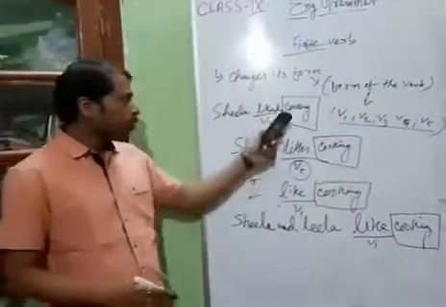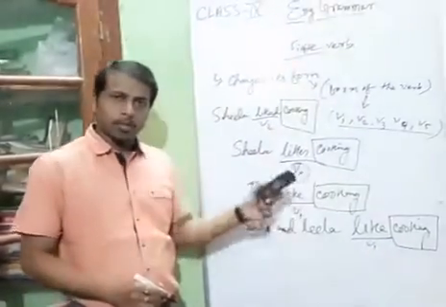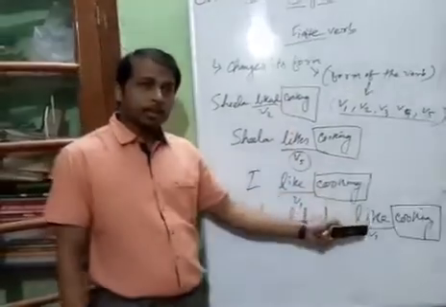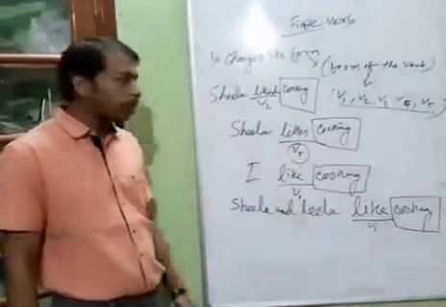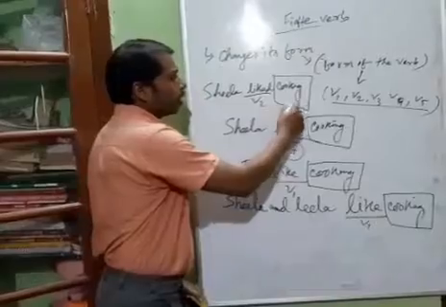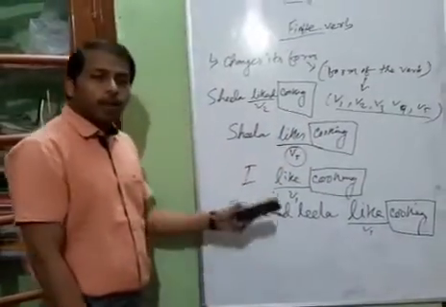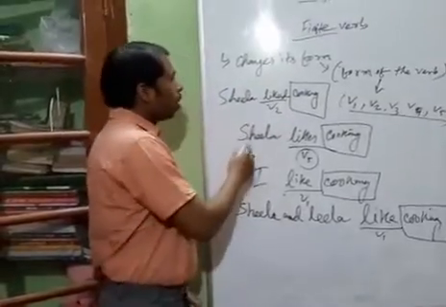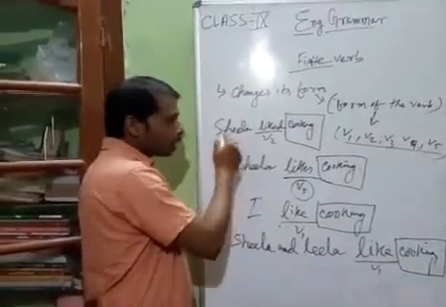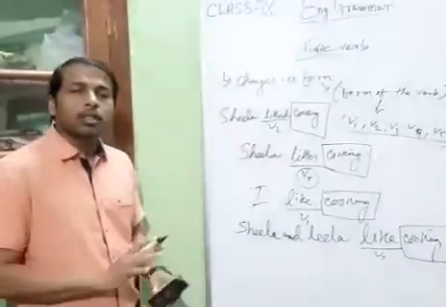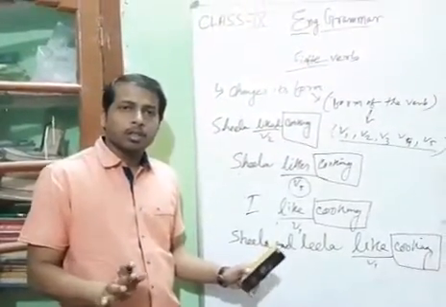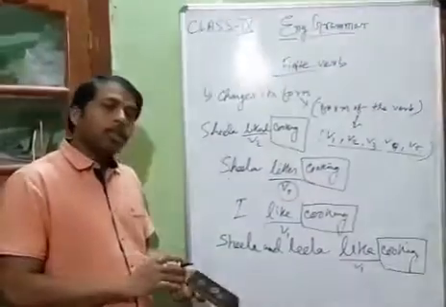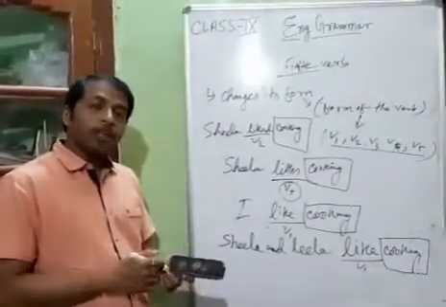Cooking is V1 plus ing, V4. Now this word cooking is remaining intact in every sentence. It is not changing. That means this word has no effect whether the subject is changing or the tense is changing. So from this example we are getting the definition of finite and non-finite verb.